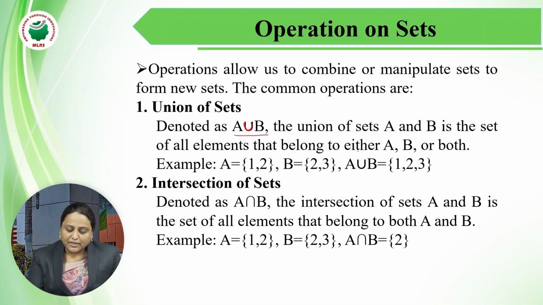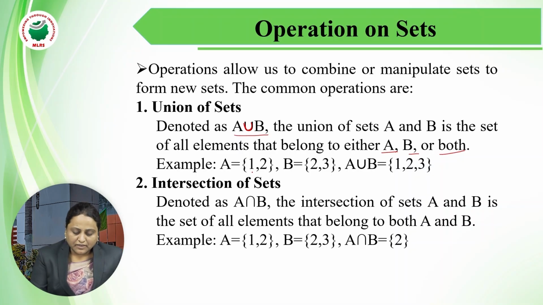The meaning of A union B is the elements that belong to either A or B or both. Whenever you are performing union between two sets, we consider the elements of A or B or both. Even though the elements are repeated or only present in A or only present in B, we take the complete set of elements present in A or B or both.